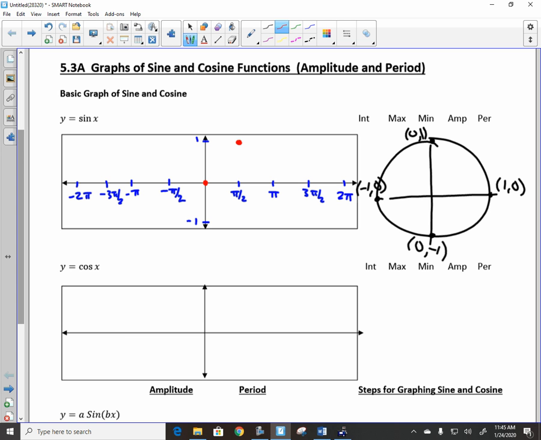When I get over to pi, I'm at 0 again. When I get to 3 pi over 2, I'm at negative 1. So it's simply the unit circle put to a graph. That's all it is. It's the unit circle unraveled, the circle of life.